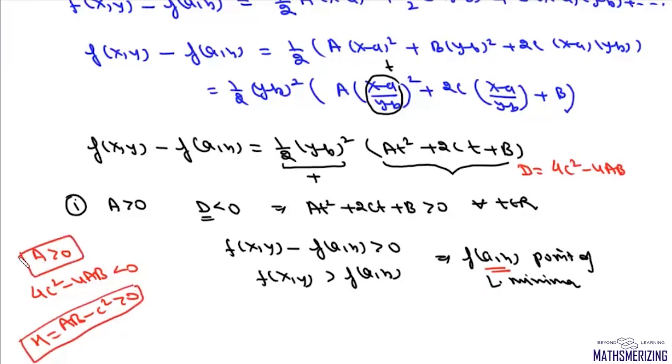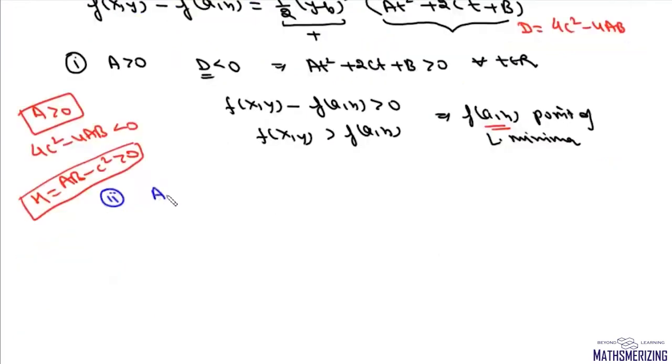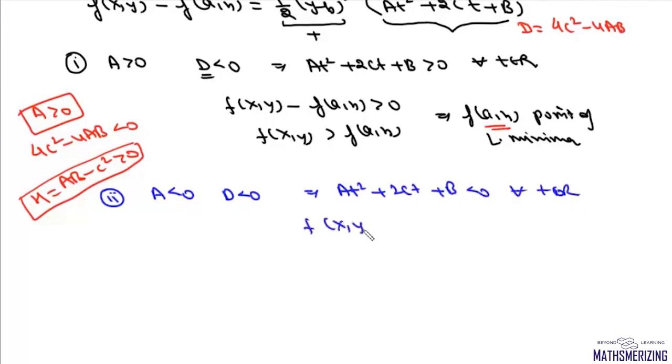So this function will have a point of local minima when h is greater than 0 and when a is greater than 0. Now if a is less than 0 and d is less than 0, then this quadratic expression a t square plus 2c t plus b is less than 0 for all t belongs to R. So it simply means that f x y minus f a b will always be less than 0.